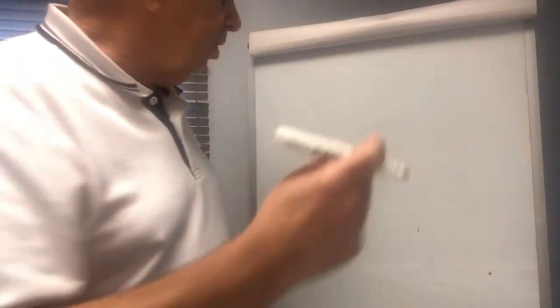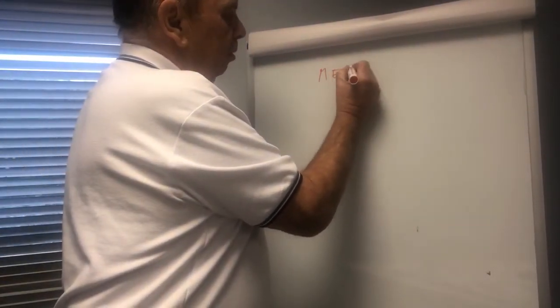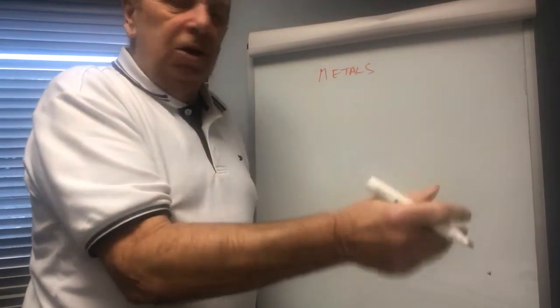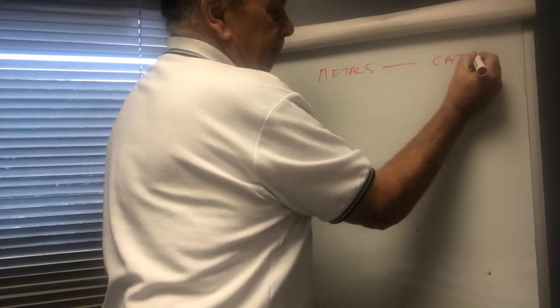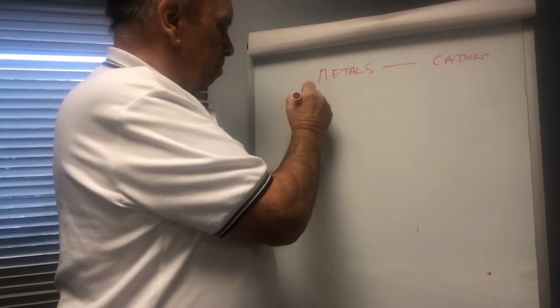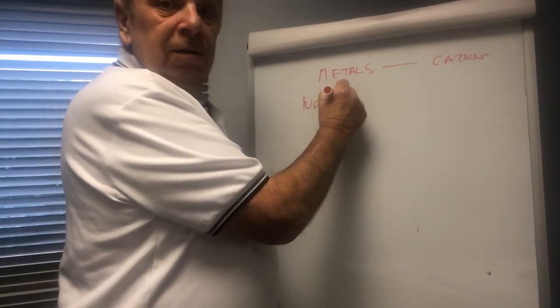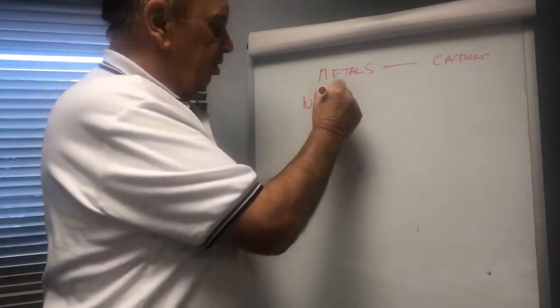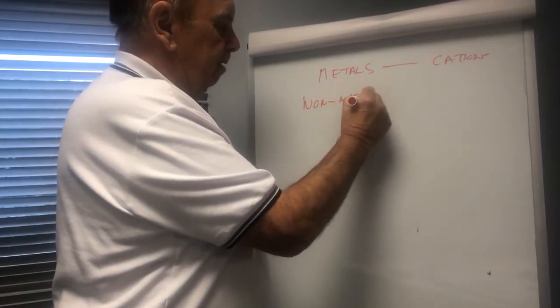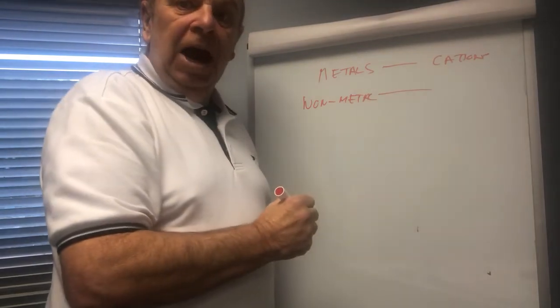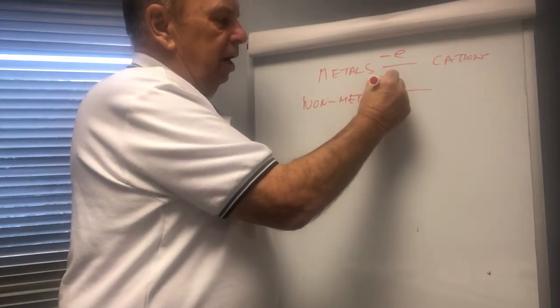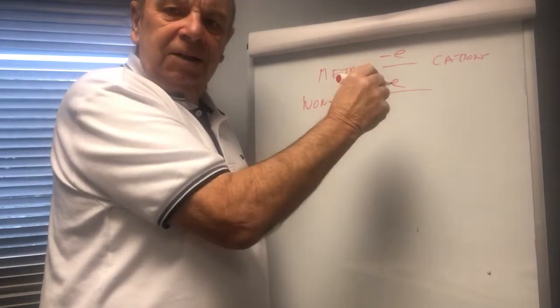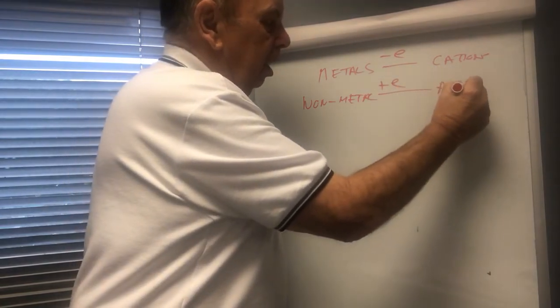We'll come back to that later on, but I've said this: metals lose electrons and they form cations. Non-metals, oxygen, sulfur, etc., gain electrons to form negative ions, and these are called anions.